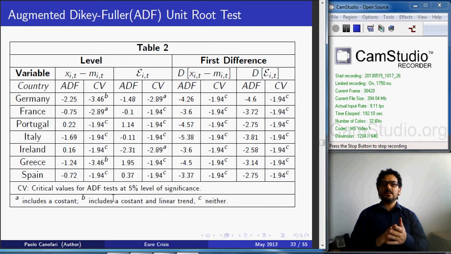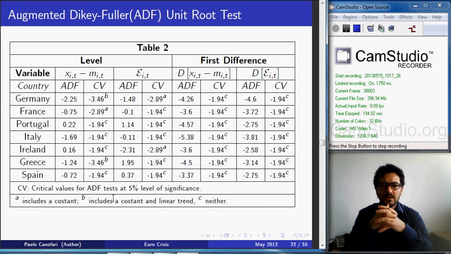Here we can see the ADF test, in which we cannot reject the hypothesis that the two time series have a unit root at level, but we can reject this hypothesis at first difference.